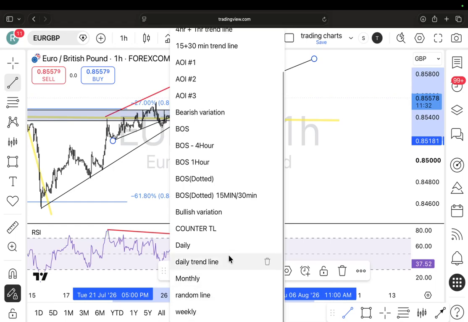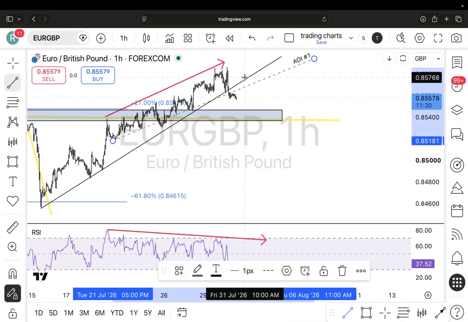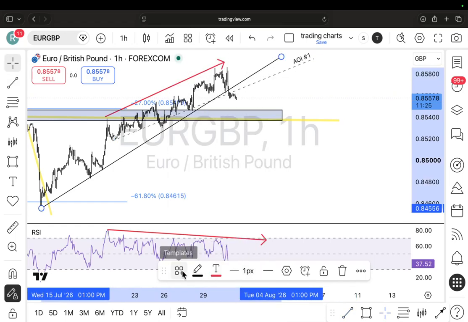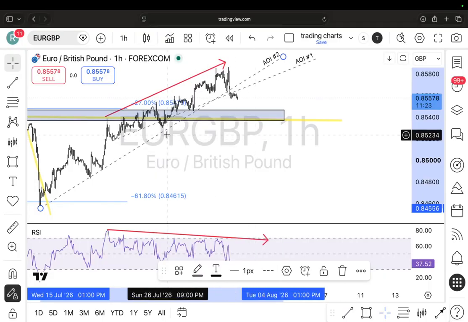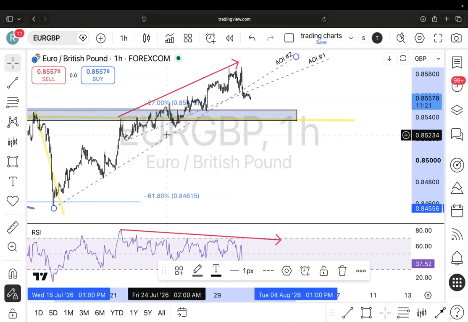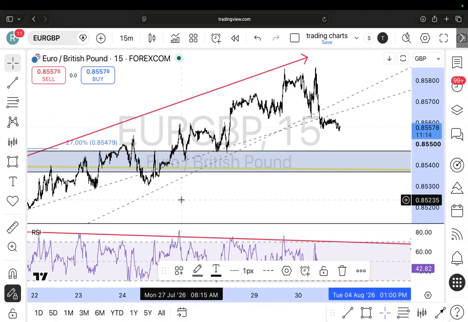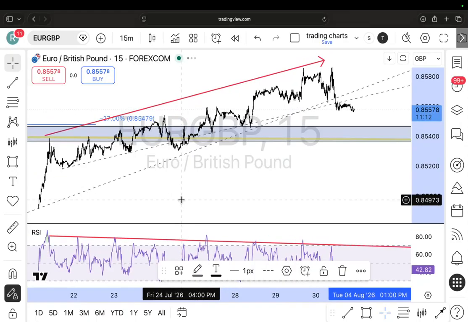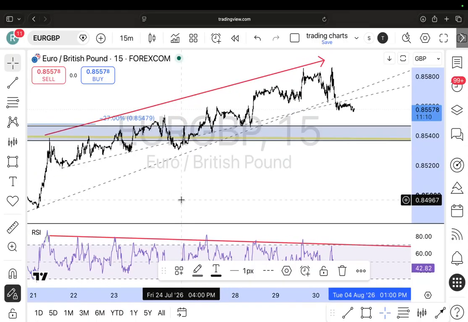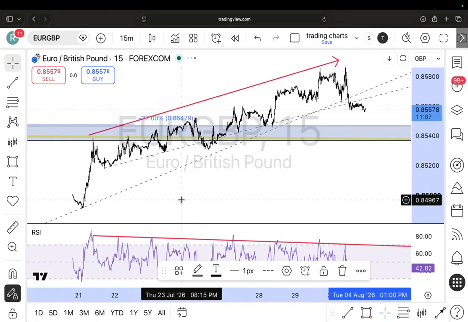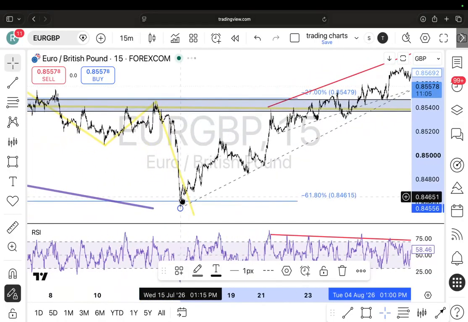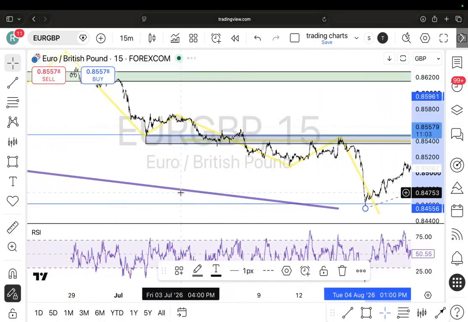So if I could do a bars pattern, it'll look something like this. This area number one, area of interest number two. If I do a bars pattern, it will look something like, let's see if I can find one.